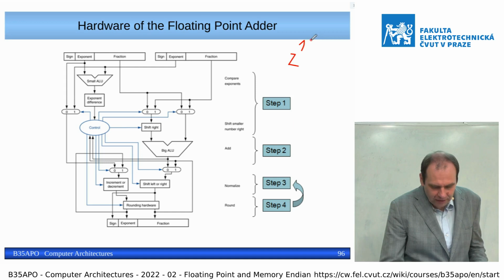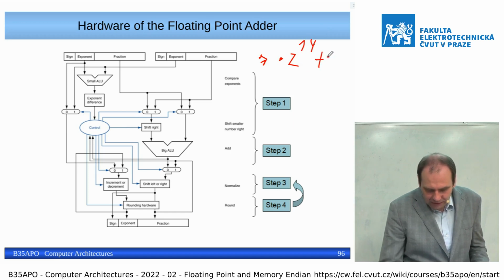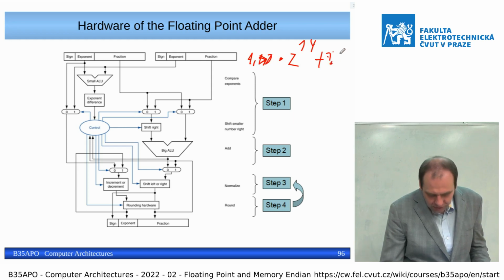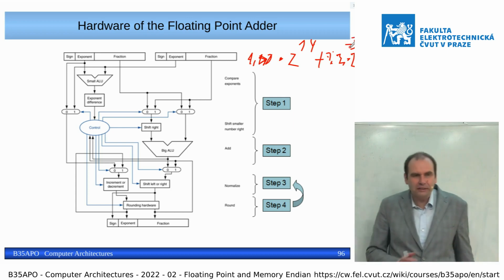For example, one is some mantissa A multiplied by 2 power 14, and we want to add, for example, 1 0 0 1 something, multiplied by 2 power minus 3, then you cannot add the mantissas.